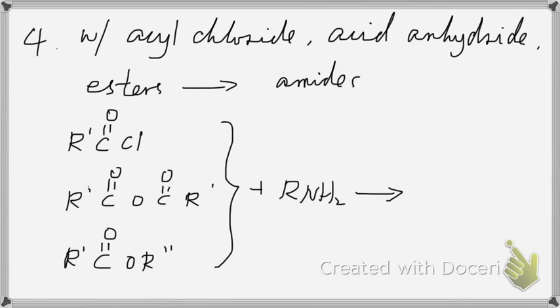This includes the acyl chloride, acid anhydride, and esters. All of them react with amine and can provide amide as the final product.